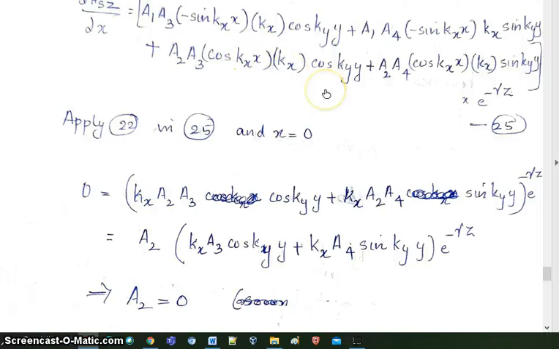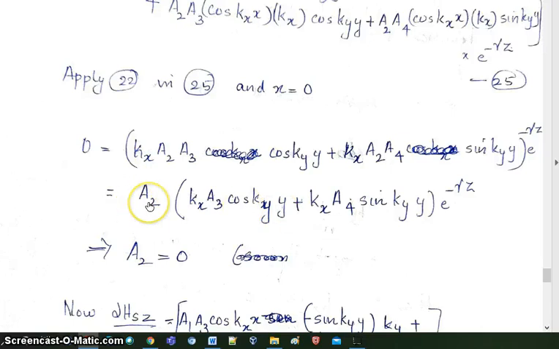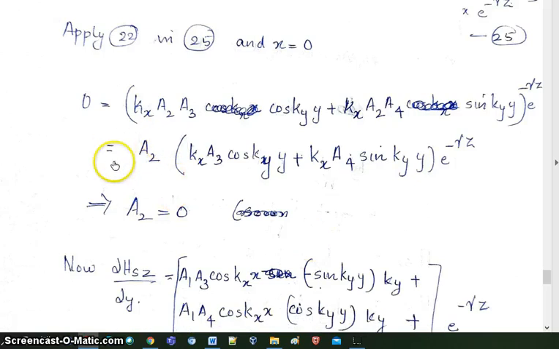So when you apply 22 in 25 and x equal to 0, finally you will get 0 is equal to kx A2 A3 cos ky y plus kx A2 A4 sin ky y exponential minus gamma z. Rest of the terms will be equal to 0. From that I am taking A2 outside because it's common, which implies A2 is equal to 0. So now I got the value of A2 as 0.